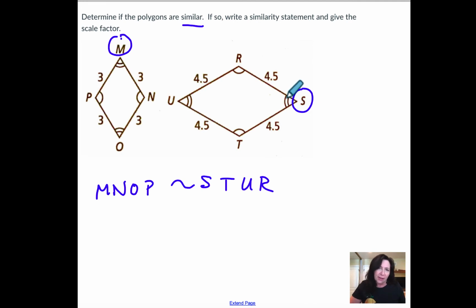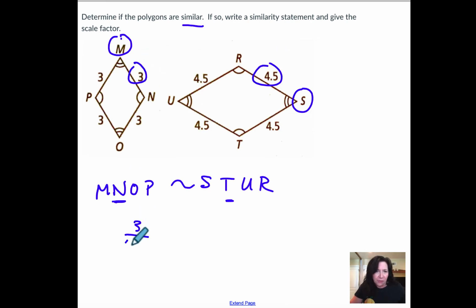So what I see is S has the 2 slashes over here and here, which means that the angles are the same. The T matches up with the second letter here, N, meaning they both have the 1 congruent slash. So those match up. Now we just have to make sure that the actual sides are proportional. So meaning I'm going to go 3 is to 4.5.